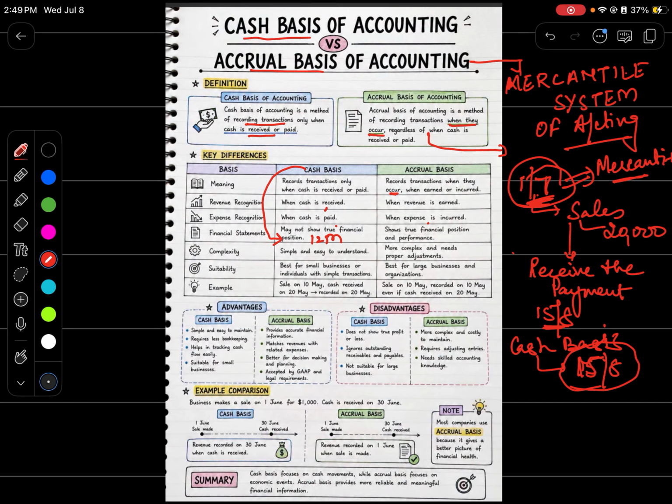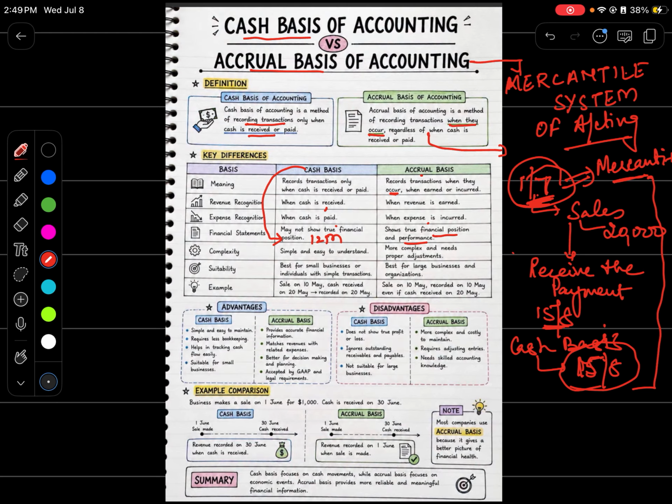But in case of accrual basis, we get to know the actual and the true performance, because we have taken into account all the transactions that have occurred, whatever has been the situation of the cash inflow and the cash outflow. The cash basis is basically suitable for small businesses, whereas for large organizations, the most accommodating and the better way of accounting is the accrual basis of accounting.